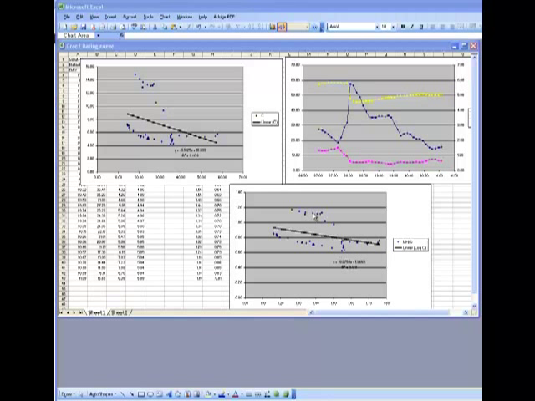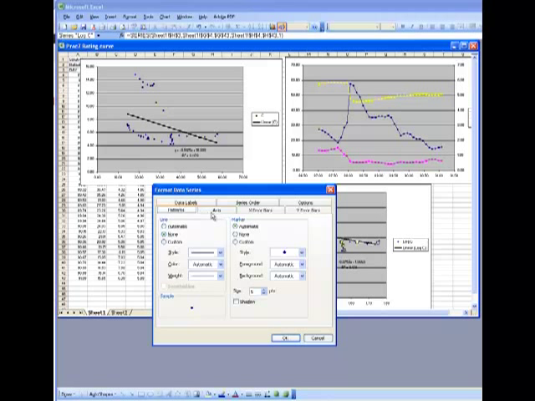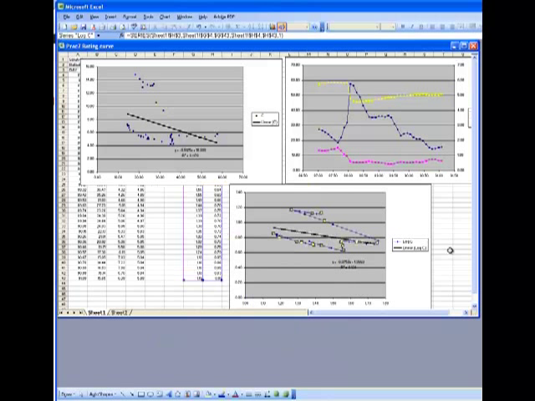Well, one of the things we can do is connect the points together. If we connect the points together, it shows us the effect of time, because they're connected in time order. So rather than just being a scatter of points showing the relationship between concentration and discharge, we can also see the effect of time.